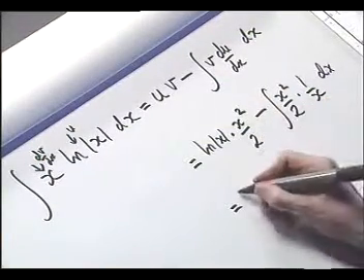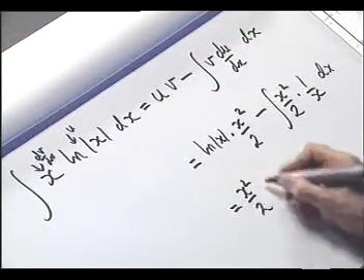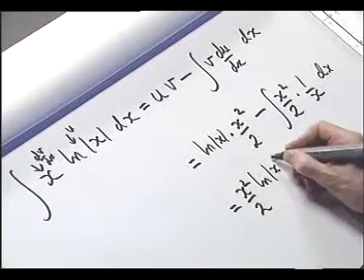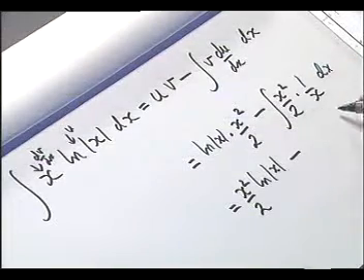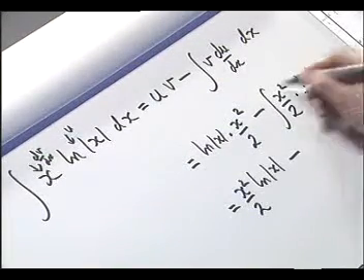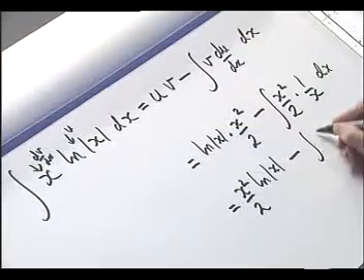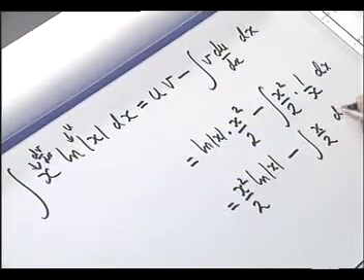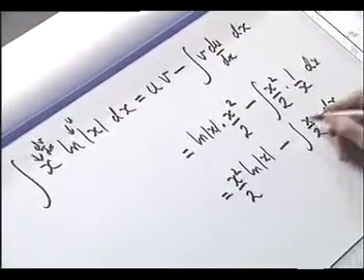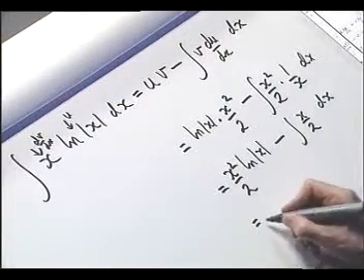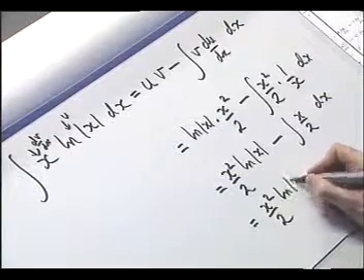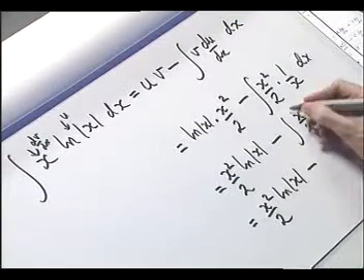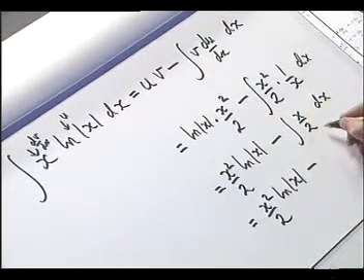So, let's put this in front of the log x. That's x squared over 2 log of x minus, we can do a little bit of simplification here. We can divide by x and by x, and that would leave us with x over 2 to be integrated with respect to x. So now we can complete that, and the integral of x is x squared over 2.